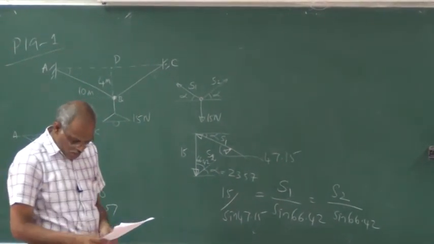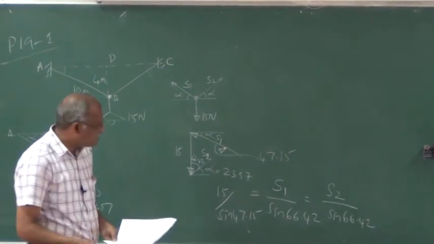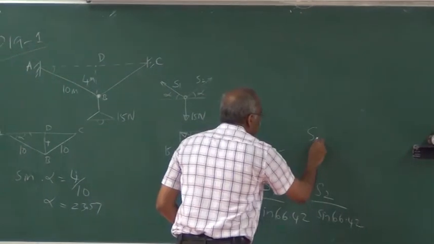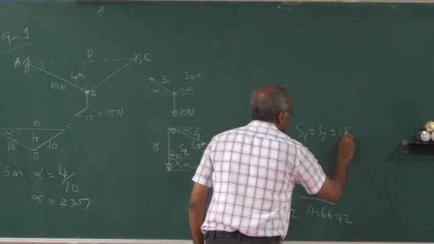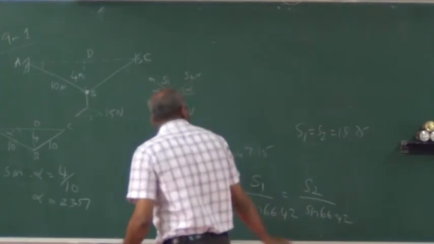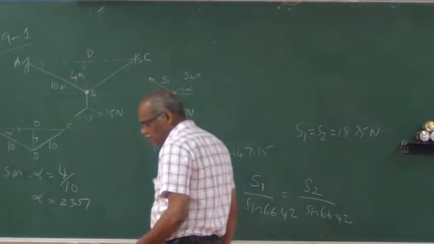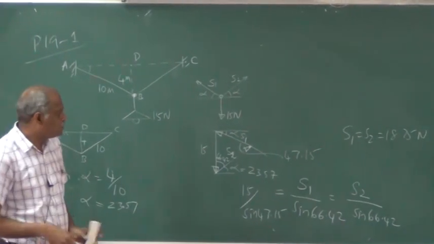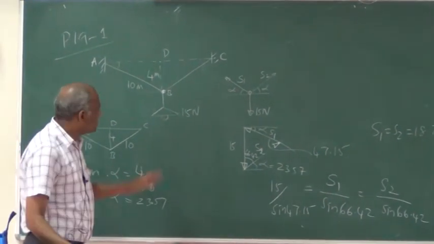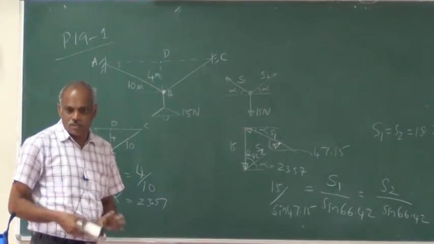So from this, S1 is also equal to S2, and if you work it out it will be 18.75 Newton. So we can find out what are the tensions in the rope like this.